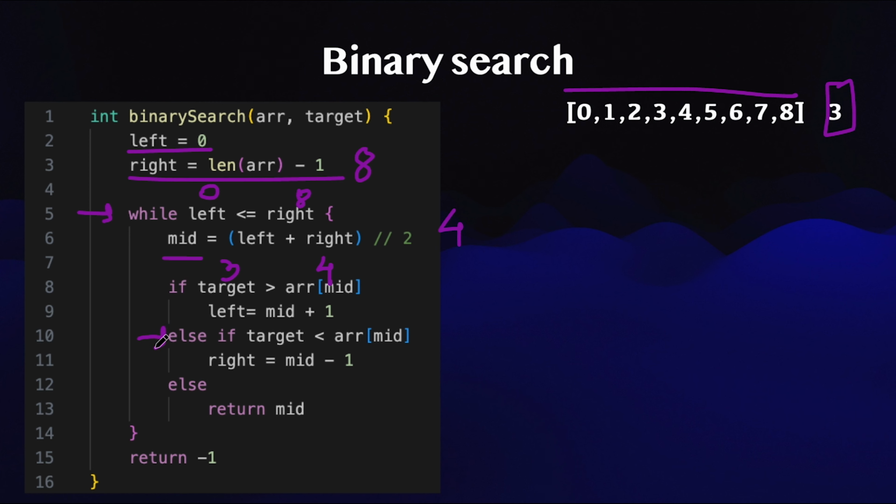And we are updating the right boundary to mid - 1, and now our right is 3. So let's make it visible. It's going to look like that. So we don't need this part of the array anymore. And we are going to repeat the process again. So we are going to have some new values along the way.